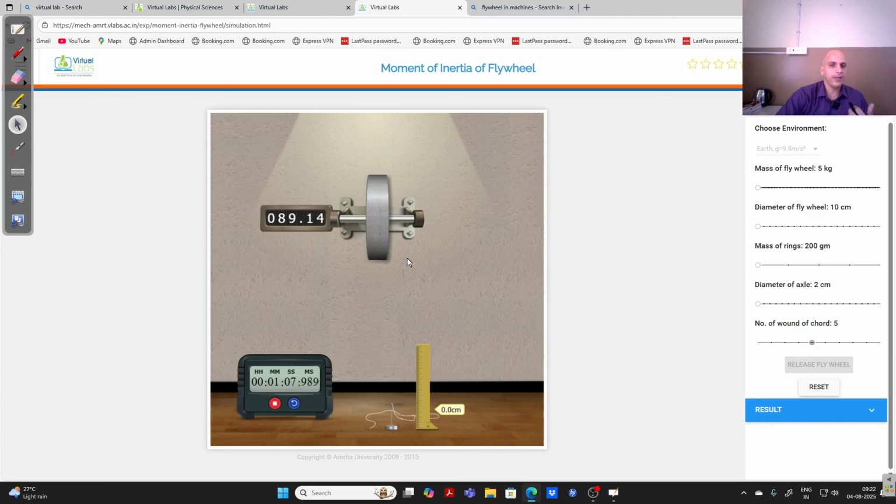If the friction in the flywheel is low, it can take a large number of revolutions, but if the friction is high, then it can stop shortly after it. So let's wait. Now it is stopping. Yes, now it is stopped, right?